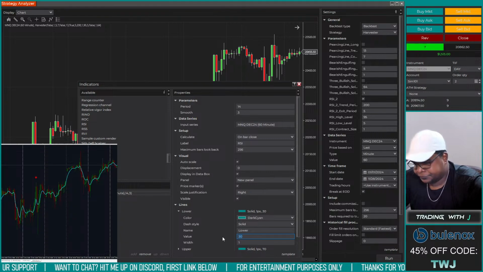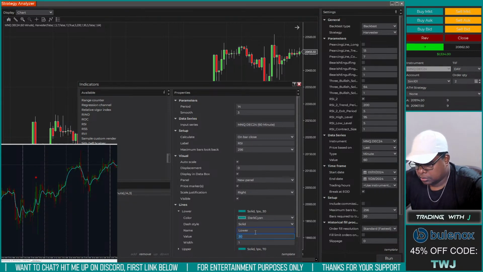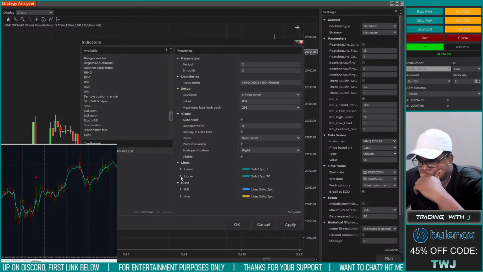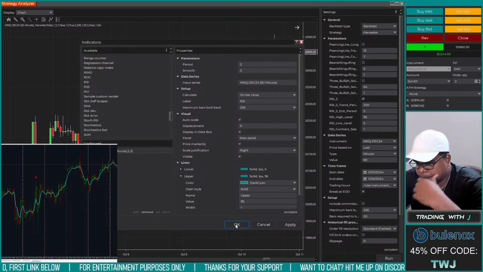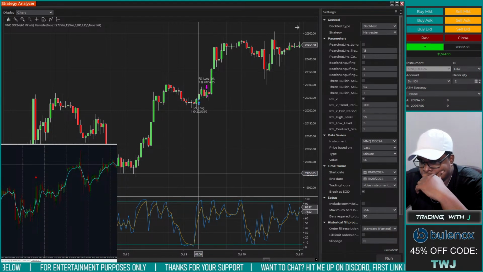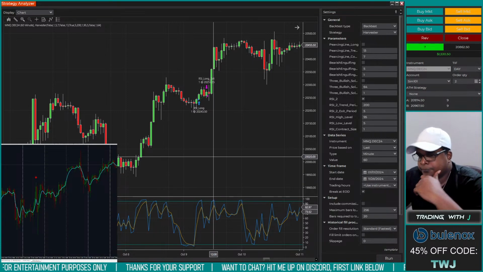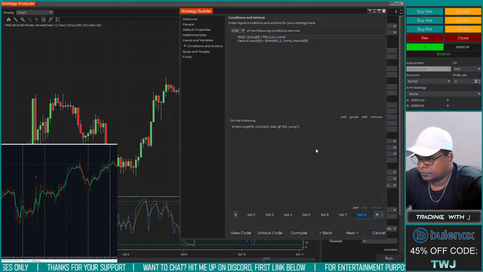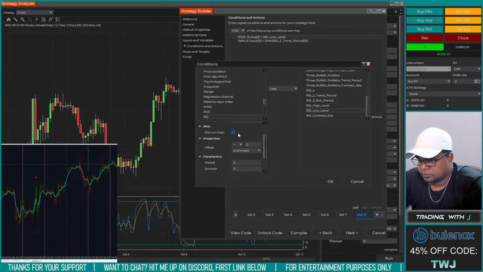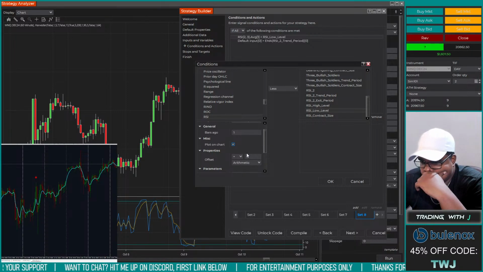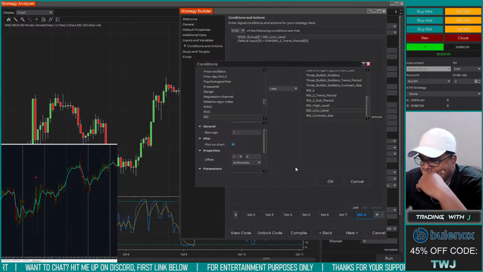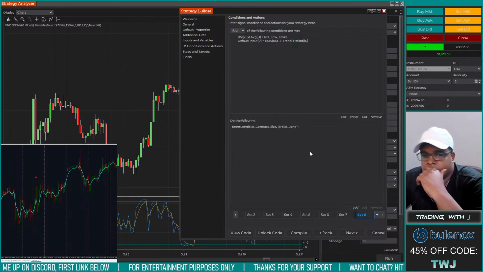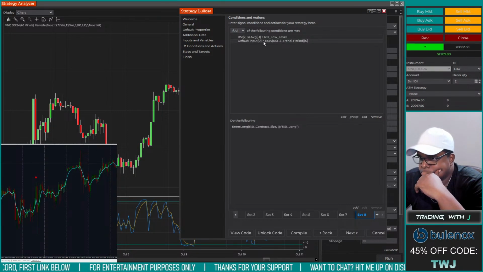Biggest issue here is this RSI. -1. Let's plot this on one thing.